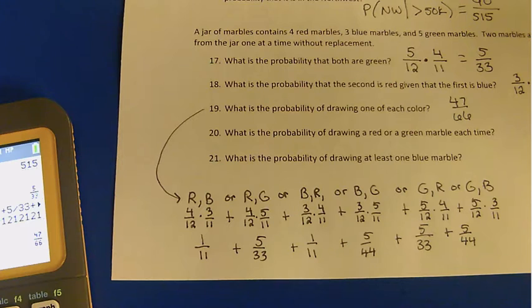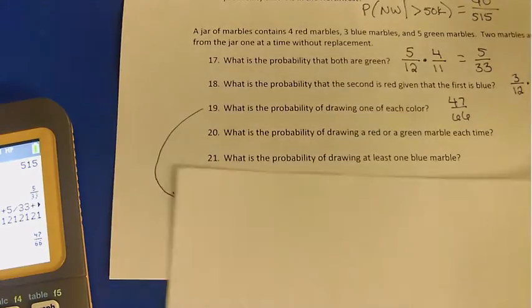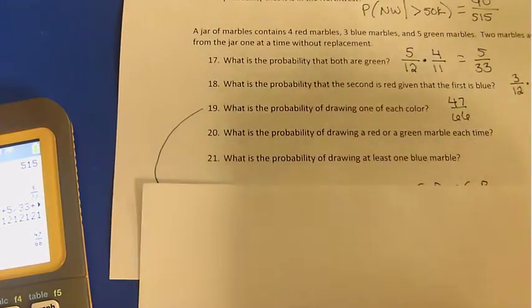What's the probability of drawing a red or a green? Ooh, so this is another one where we have to list out all the possible options. Okay, red or a green each time.